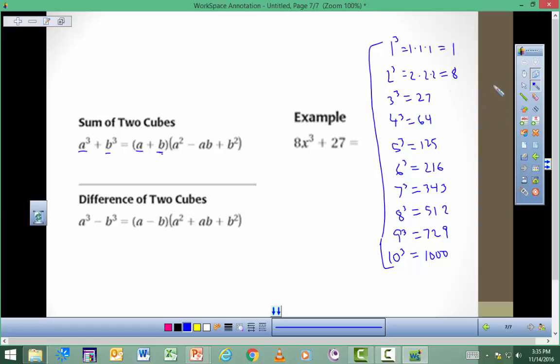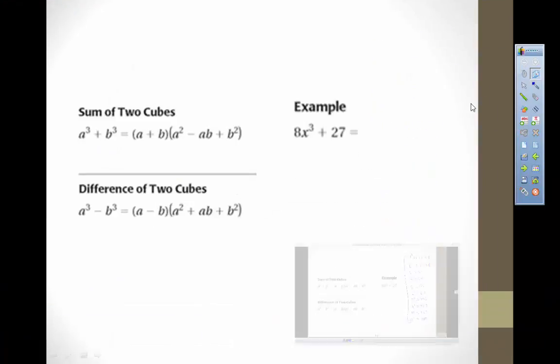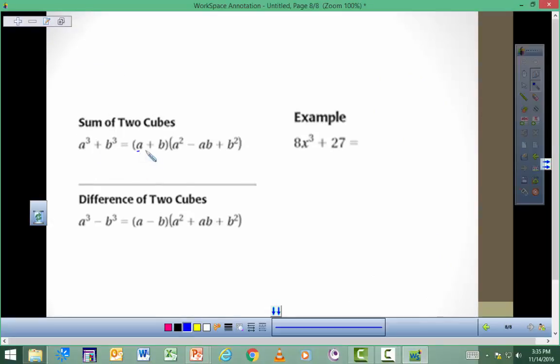So let's take a look here. In order to do this factoring, again, you need to know what a and b are. So what I do is a little preparatory step here. If this is a cubed, what's a then? Well, remember, the idea is what number is multiplied by itself 3 times.